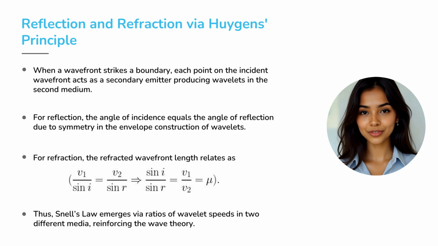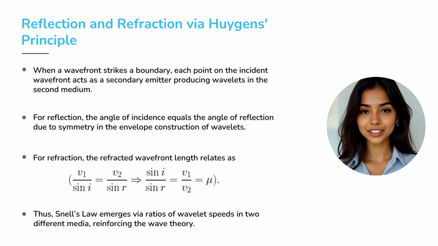Now, when the wavefront passes from one medium to another, things get even cooler. The wavelets in the second medium spread with a different speed. Using the wave velocity v1 in the first medium and v2 in the second, and angles of incidence i and refraction r, the wavefront geometry leads to the relation v1 over sin i equals v2 over sin r.